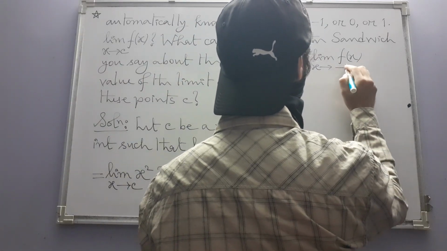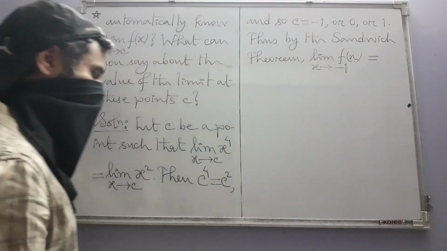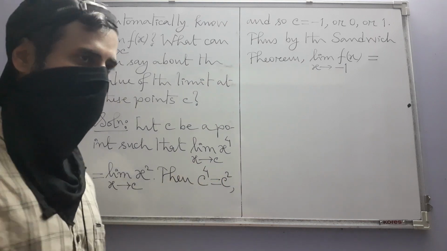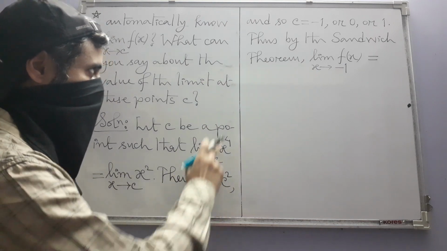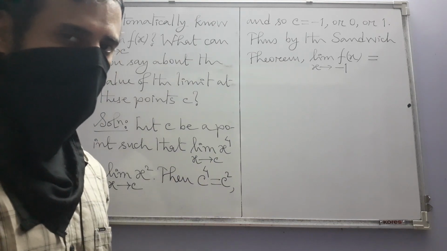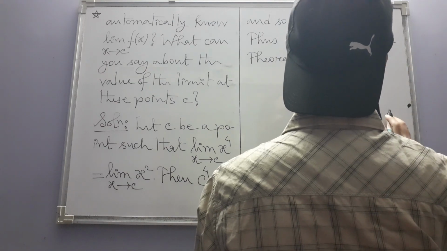So let us first take -1. It will be, you can either calculate the square or the fourth power, it does not matter, because we have found these values in such a way that this equation is true. So let's consider square. So this is going to be 1.